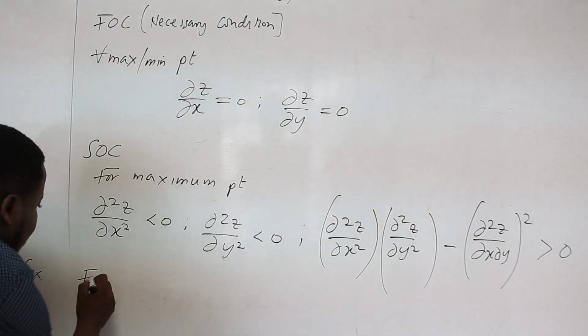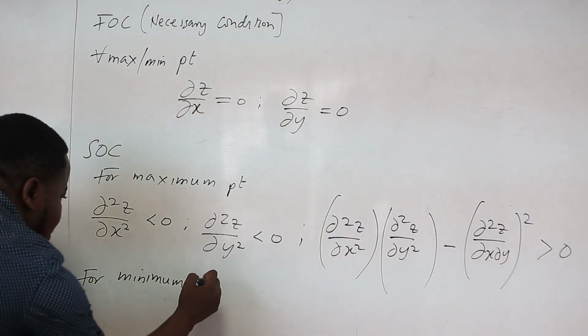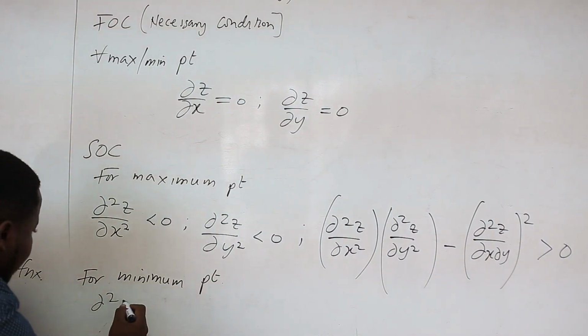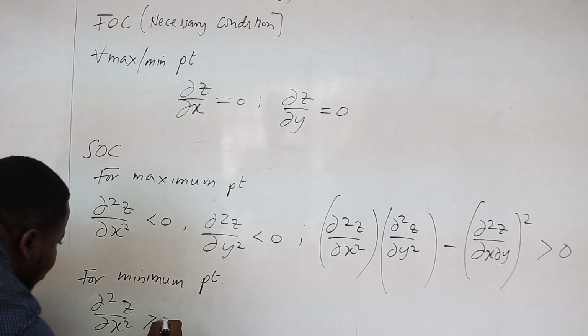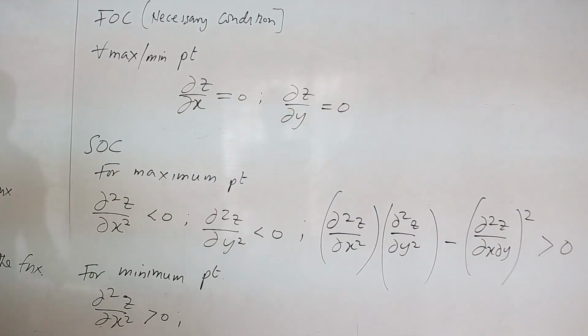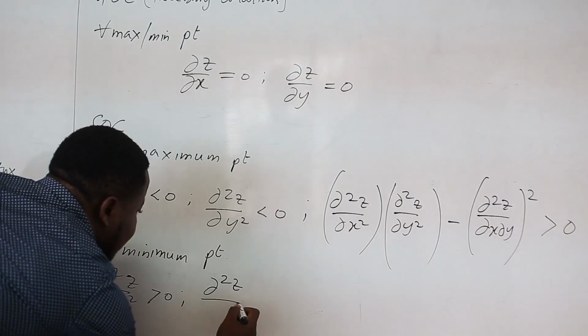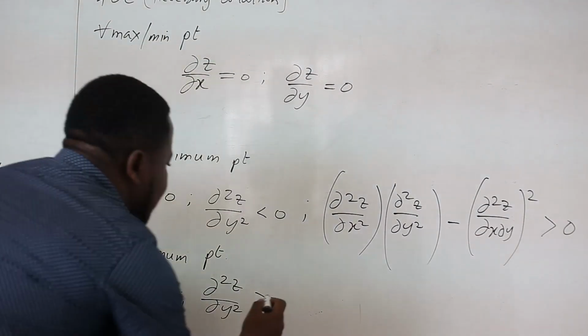For minimum point, the d²z/dx² should be greater than 0 from here. The d²z/dy² should also be greater than 0.